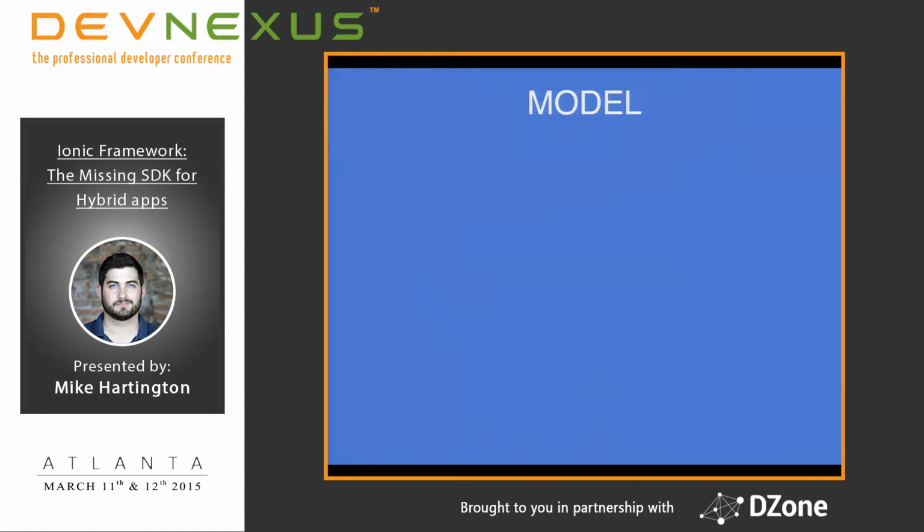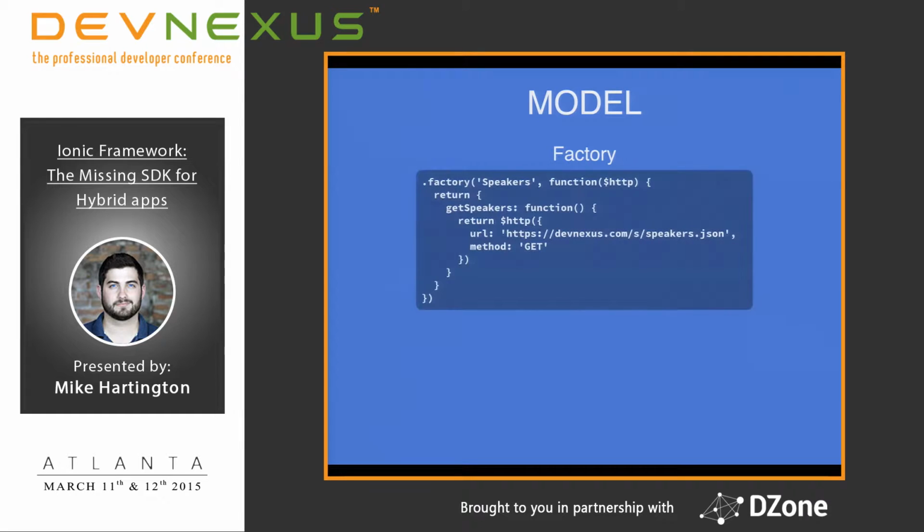We'll look at the model. Model data can be loaded through your app, mostly using these two methods. We have this thing called a factory. It's essentially a way to go out and provide some global functions. In this one, we're going to have a factory which returns a function, getSpeakers.